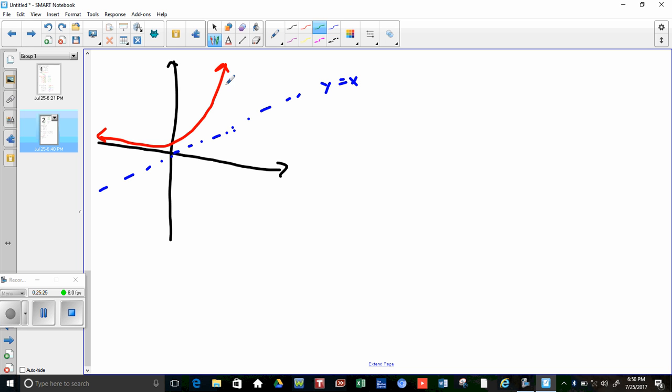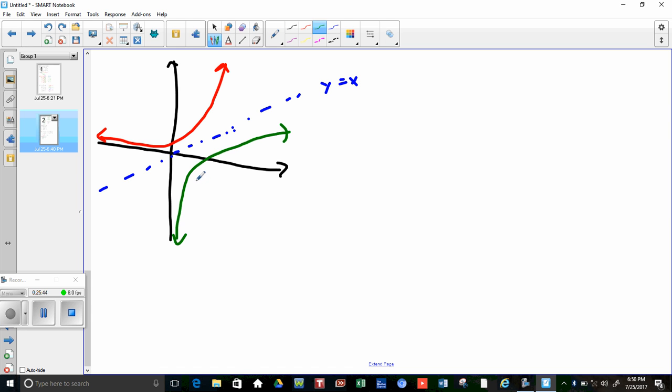So the log, if it's symmetric to this thing, if I folded this over this y equals x line, is going to look something like this. Okay, not perfect, but that's not bad.